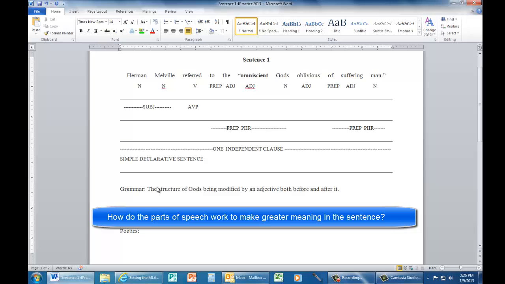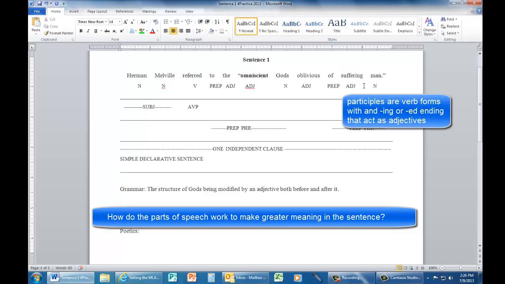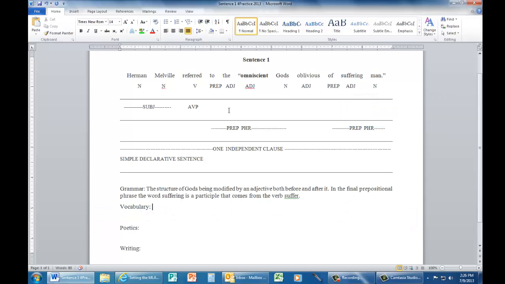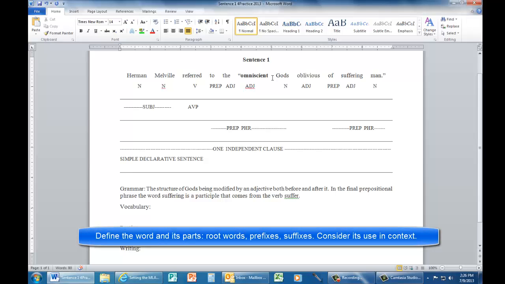The last interesting thing grammatically about this sentence is the use of the word suffering. Suffer is typically a verb, but in this case, the ing ending creates it as a participle, which is now an adjective modifying man.